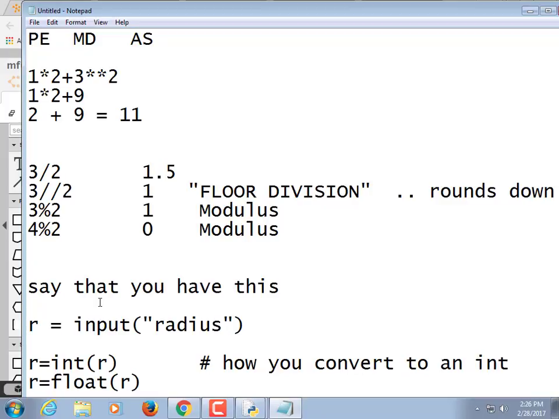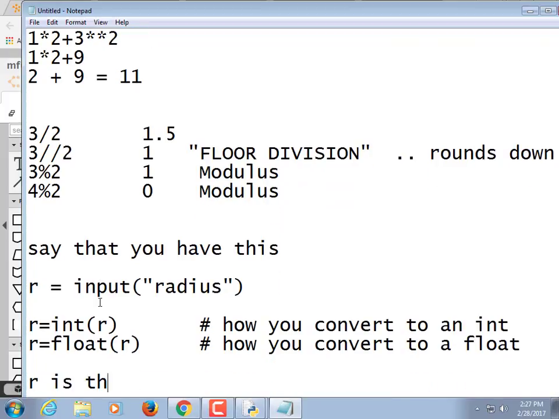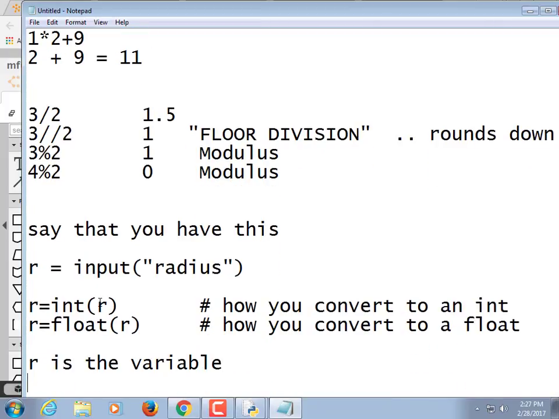And the things with parentheses after them are known as functions. R is the variable. If it has a parentheses after it, it's a function. Oh boy. You know what I'm going to do? I'm going to make that X and Y just for this example for a moment.